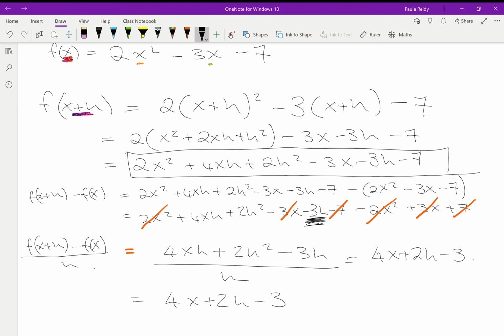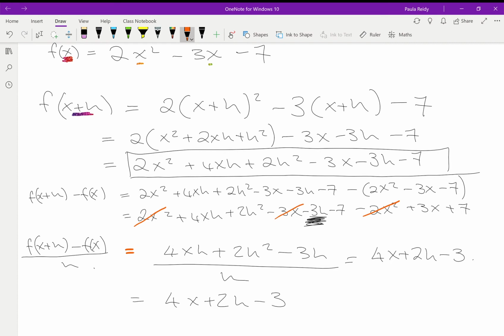Okay, and in orange you'll see I've cancelled, right? But if we just look at that before we cancel them, we would have had 2x squared minus 3x minus 7, I'll show you those cancelling now. So at this stage now, we can just have a look and see exactly where the cancelling would apply. 2x squared minus 2x squared.